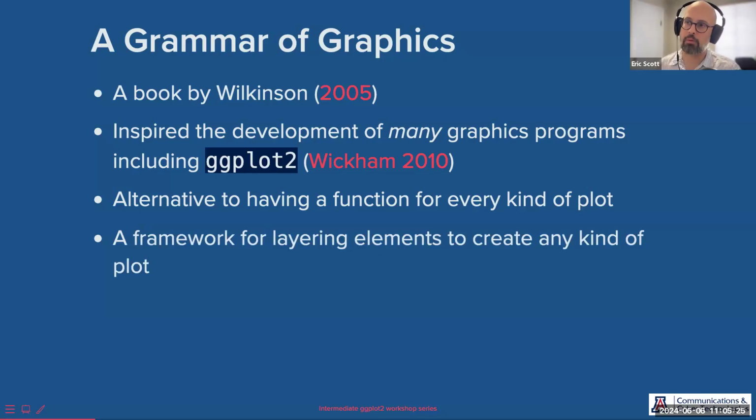And so the grammar of graphics is a framework that gives you an expressive language to layer and combine different elements that are common across all data visualizations to create basically any kind of plot you want. There are limitations, but it's also extensible.